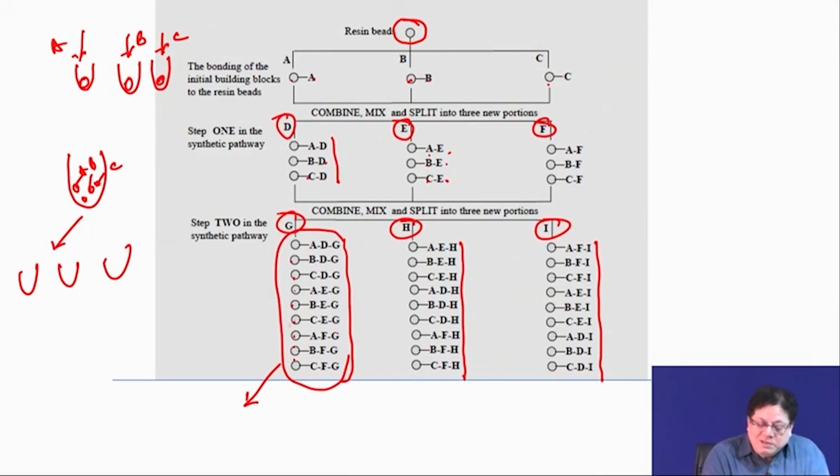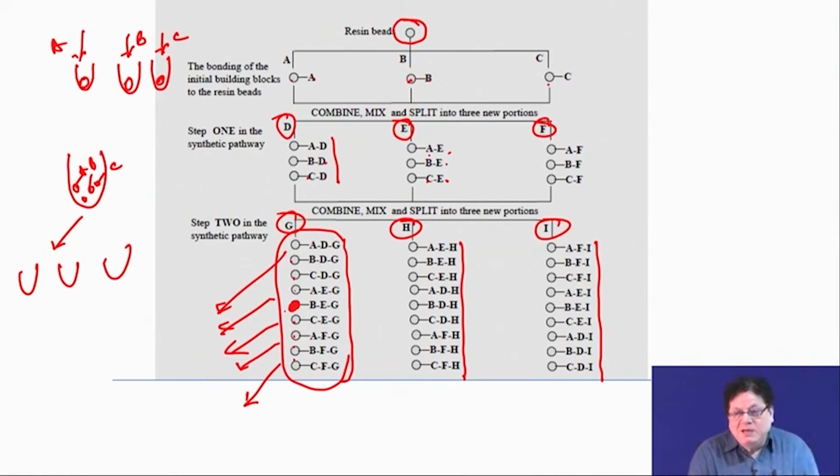Suppose this bead gives the activity. The problem is, you can isolate the bead, but how do you know what is actually attached here? Because it could be ADG, it could be BDG, it could be BEG, CEG, all these things. That is the problem.